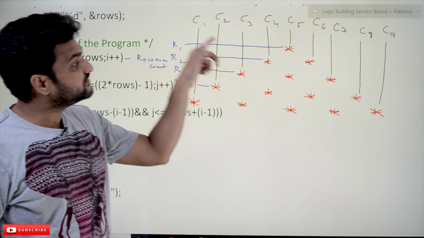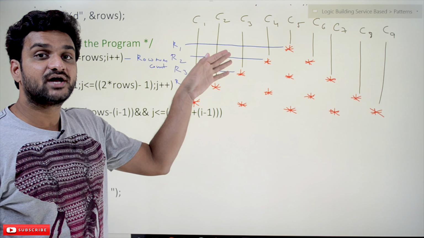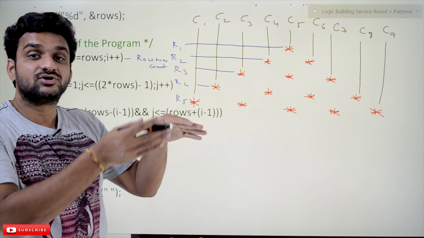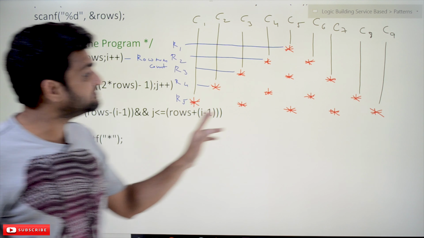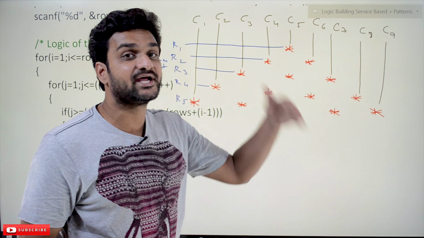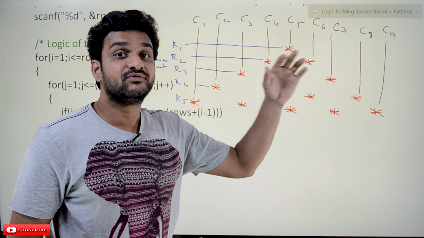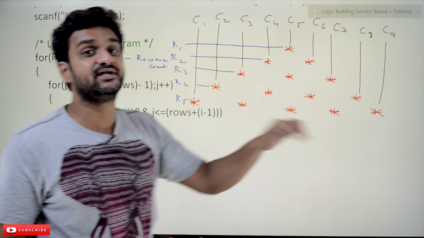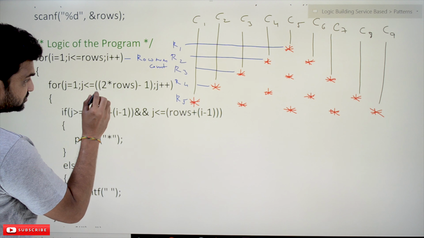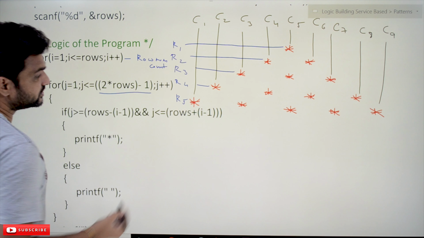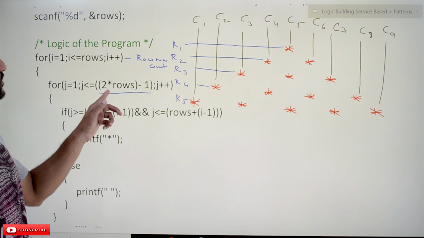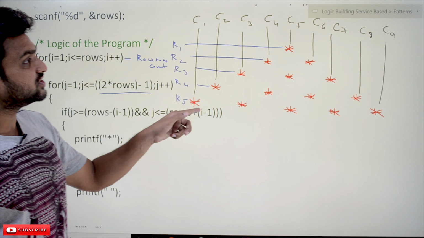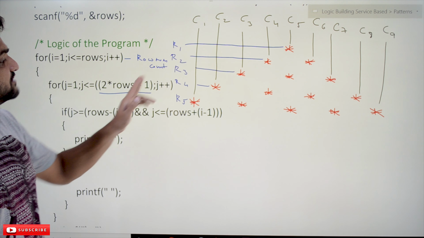If we are in row 1, the maximum number of columns that can be obtained for a specific height of the pyramid is given by this formula: 2 into rows minus 1. Here the number of rows is 5, 2 into 5 is 10, 10 minus 1 is 9.